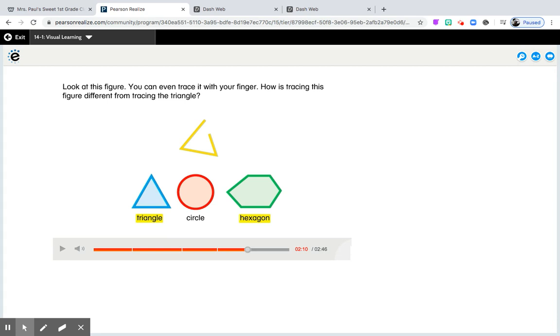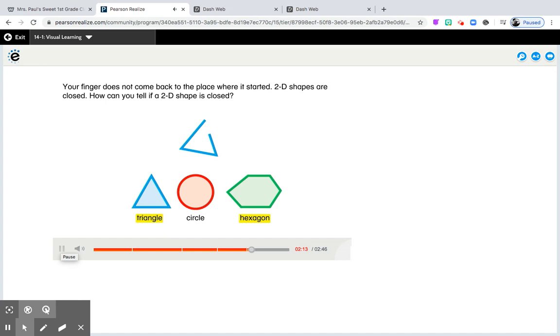So would it be an open or a closed figure? What do you think? Look at the triangle. Would the triangle be an open or a closed figure?